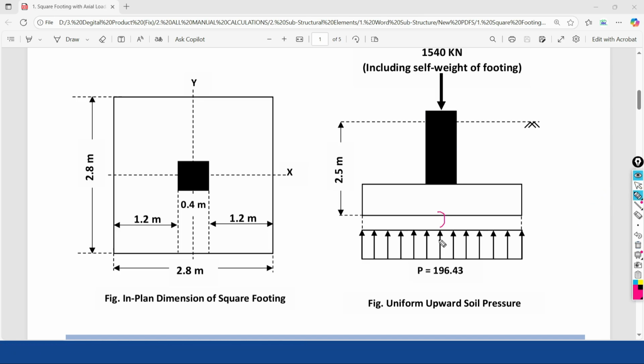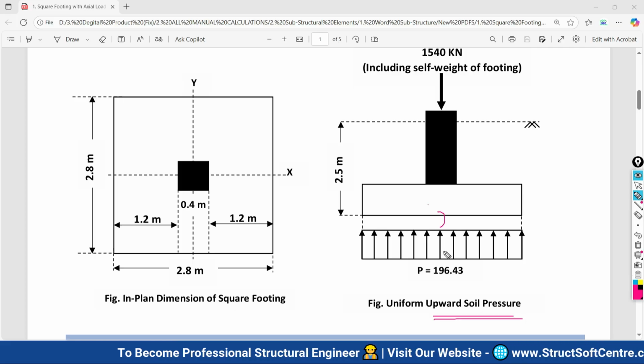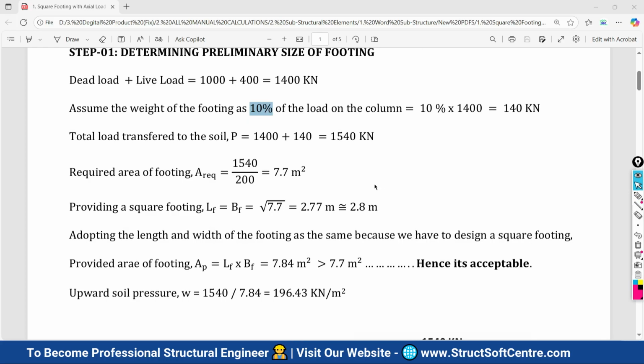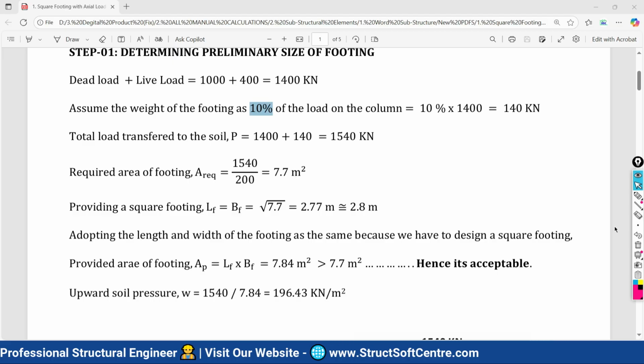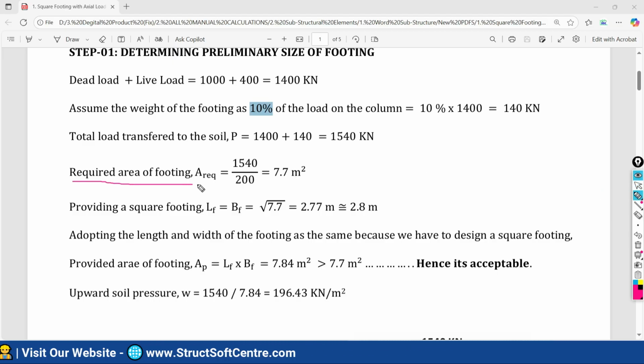Now if this load acts over the soil through your foundation, the soil is going to react against this application of the load, and that is called upward soil pressure. We know Newton's law of motion, action and reaction. We need to calculate the upward soil pressure, but before that, we first have to calculate the required area of the footing.